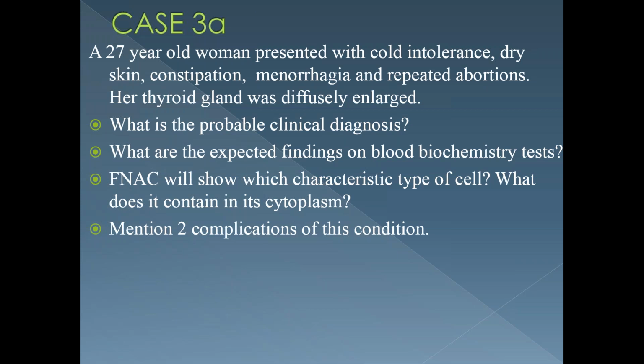Her thyroid gland was diffusely enlarged. So what is the probable clinical diagnosis? What are the expected findings on blood biochemistry tests? FNAC will show which characteristic type of cell, and what does it contain in its cytoplasm? So they mention Hurthle cell and that it contains mitochondria, and mention 2 complications of this condition.